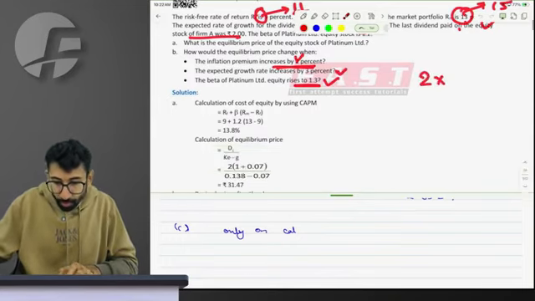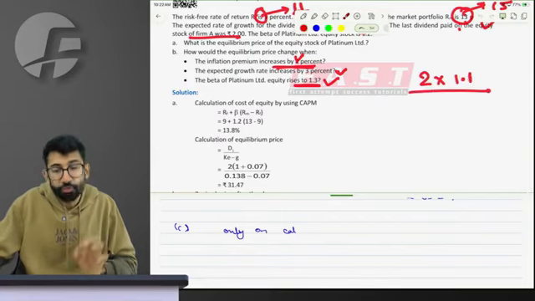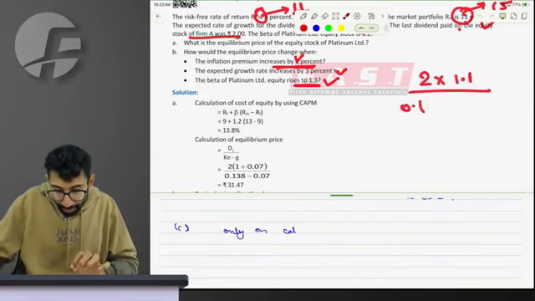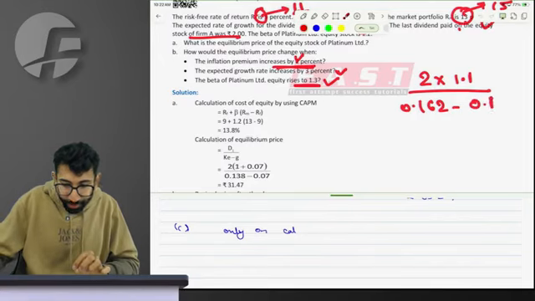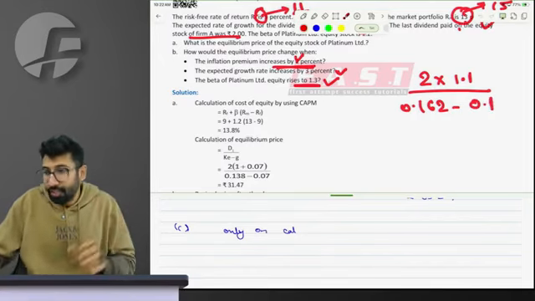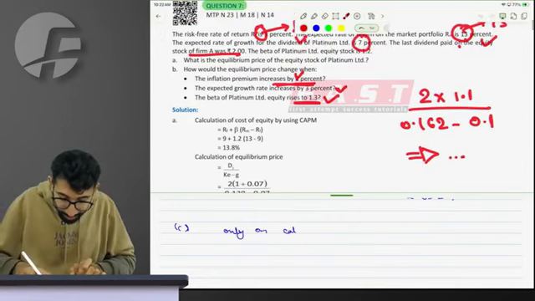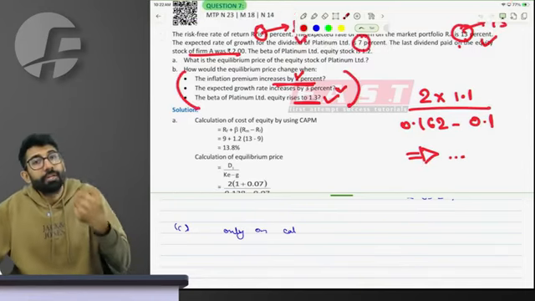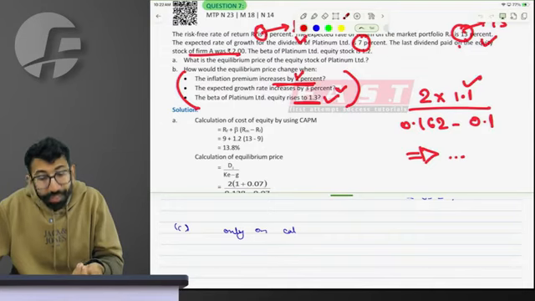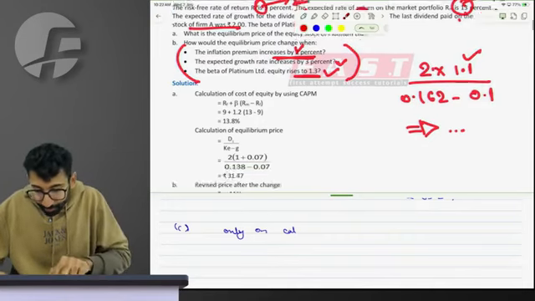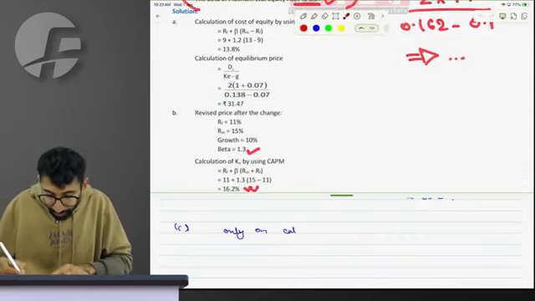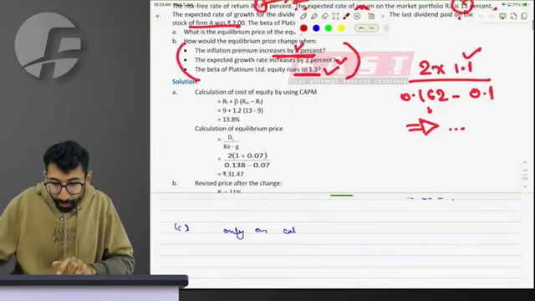So from 7 the growth will become 10%. So 2 into 1.1 divided by 0.162 minus 0.1, which is 10% of growth. Can you all please calculate using these revised parameters? If all these parameters change, growth becomes 10, beta becomes 1.3, accordingly KE becomes 16.2.